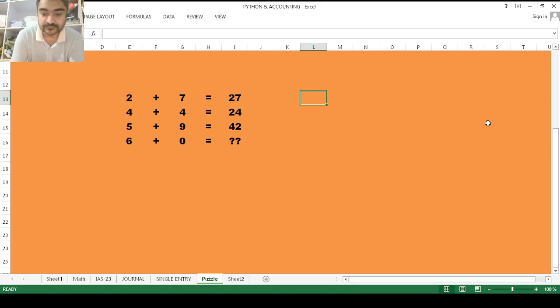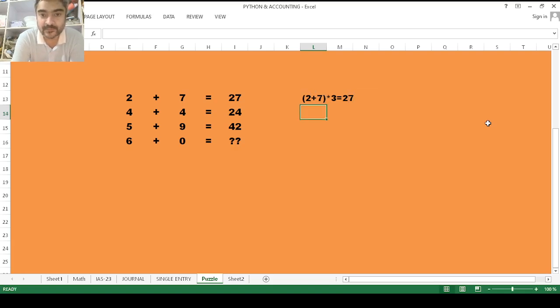Look, 2 plus 7, this is written in the equation. 2 plus 7 is equal to 9. Now if you can identify that if we multiply 9 by 3, it is equal to 27.